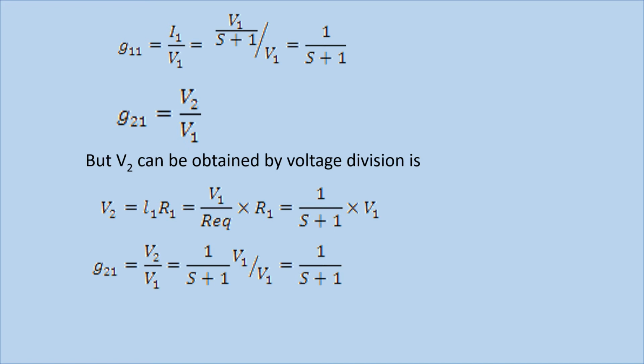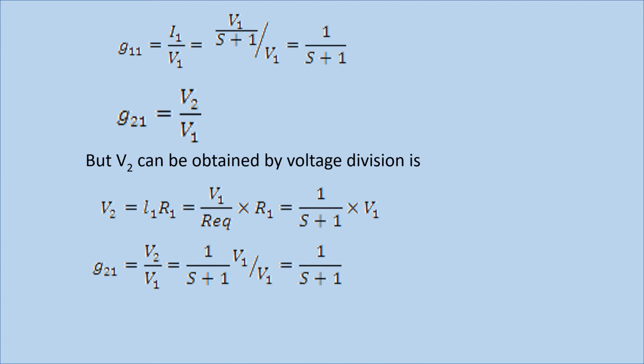From that slide also, you can just change the formula and get your V1 to be S plus 1, in brackets, multiplied by your I1. So you either have the choice of substituting for I1 in this equation, G11 equals I1 over V1, or you substitute for your V1. Either way, you will get your G11 to be 1 over S plus 1.